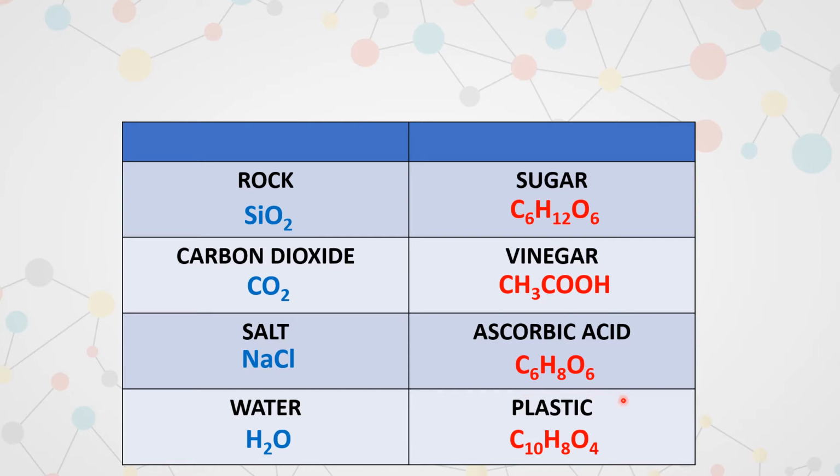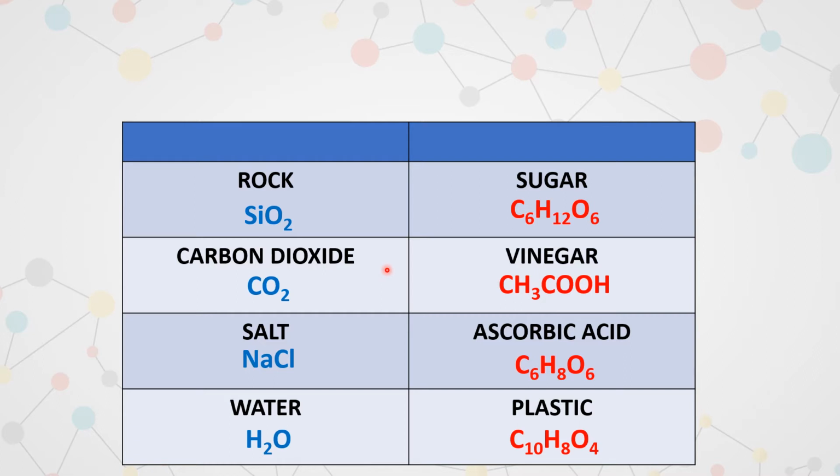And another thing that is composed of compounds is PET. PET is an acronym for a plastic. Its chemical formula is C10H8O4.